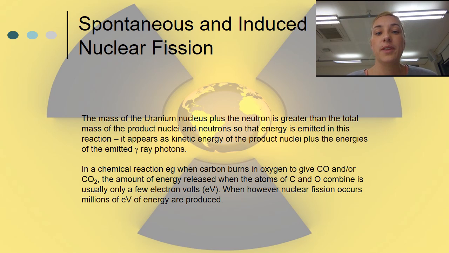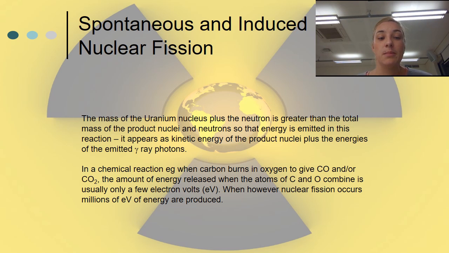So we get a range of energies that can be emitted when a uranium atom is split, and the reason for this is that the mass of the uranium nucleus, if we add on the additional neutron, is bigger than the mass of the product nuclei and the neutrons that it releases.